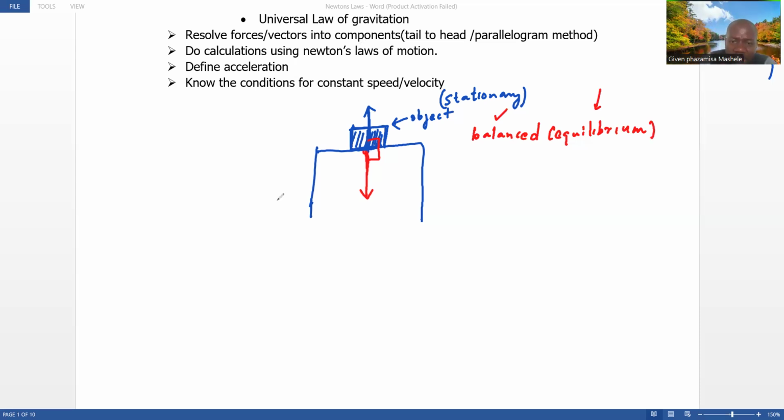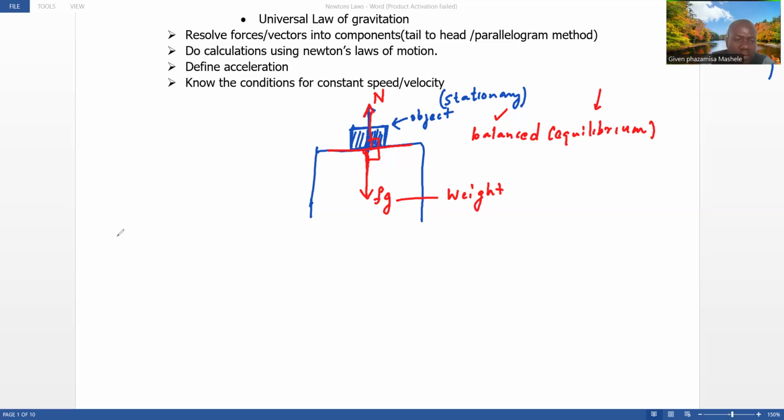A force or a component of a force which a surface exerts on an object, which is in contact with it, and perpendicular to the surface, is called a normal force. So here we have a normal force. You can use N or Fn. But the force which the object is exerting on the table downwards is our gravitational force, or the weight.